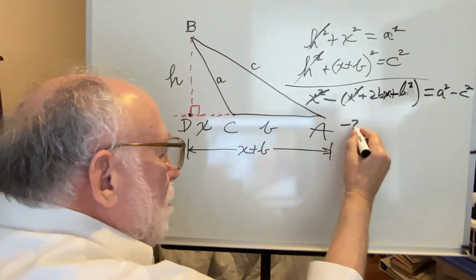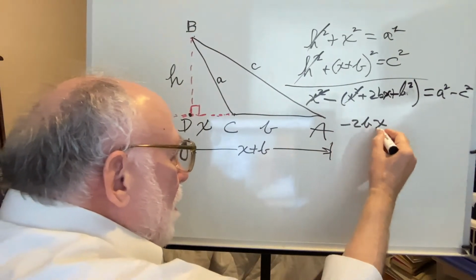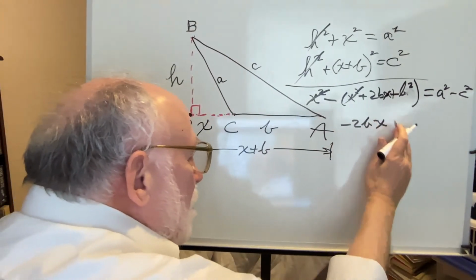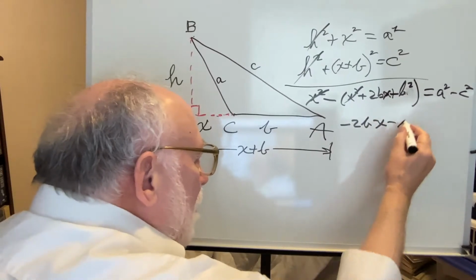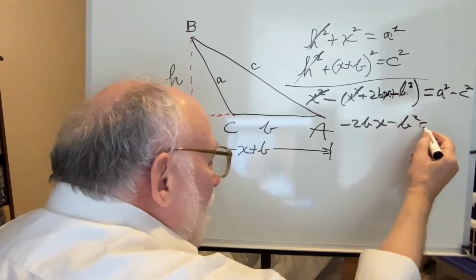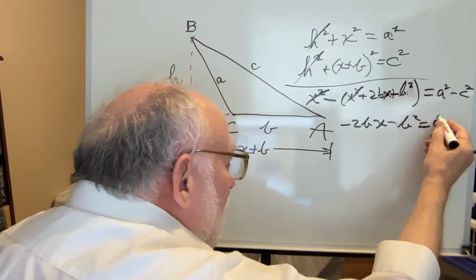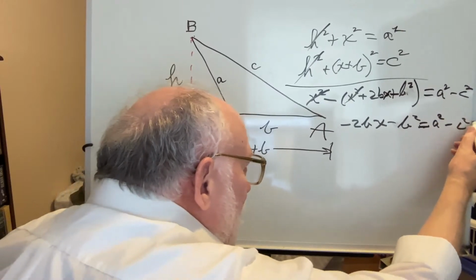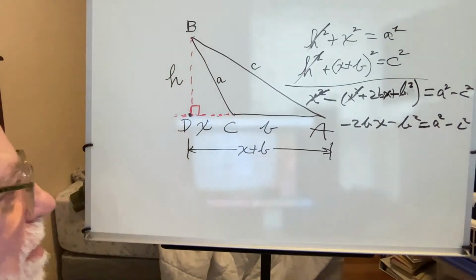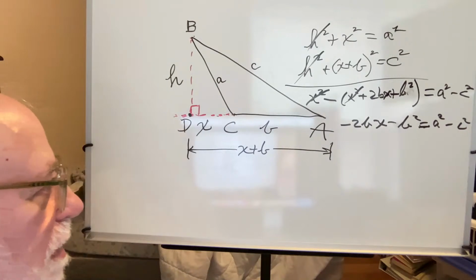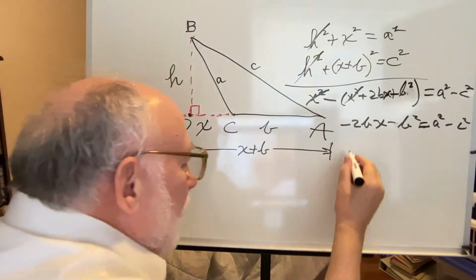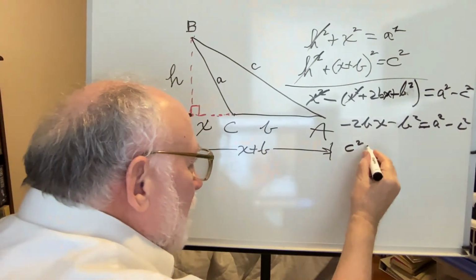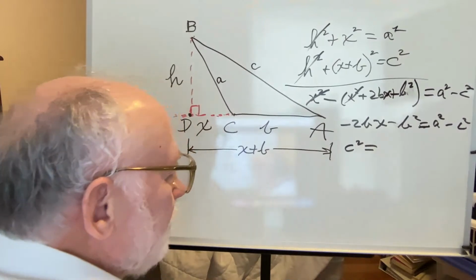You get minus 2BX minus B squared equals A squared minus C squared. Now we can sort this out by solving for positive c squared, putting the c squared on the other side of the equation.